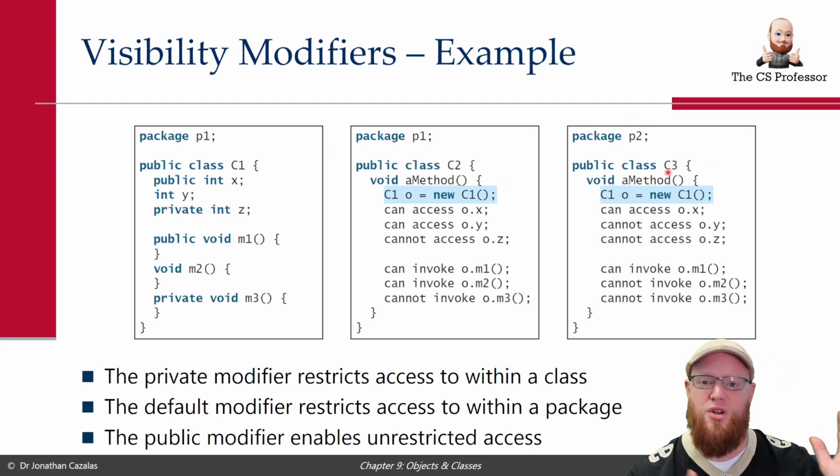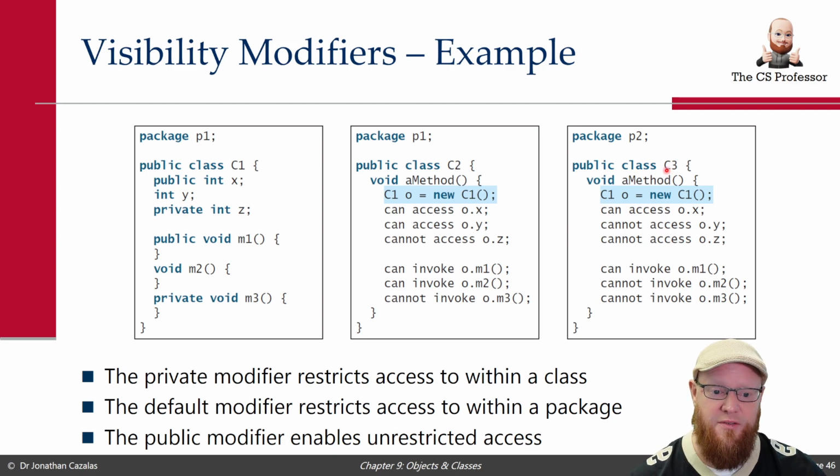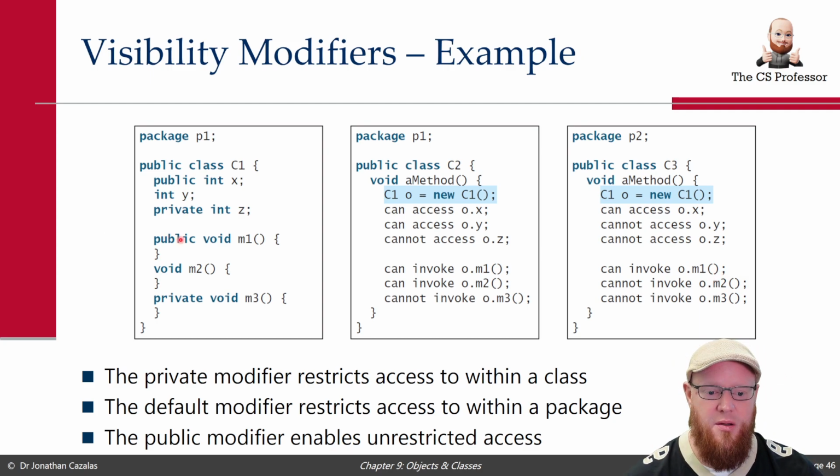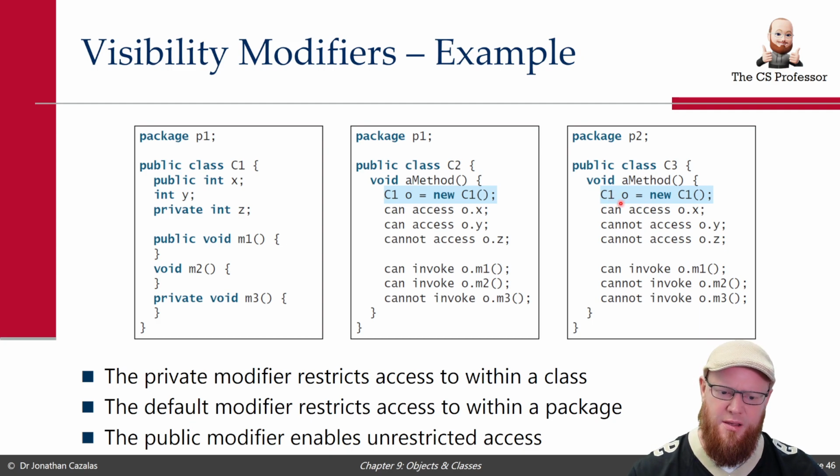We're now in this third Java file, c3.java, which is in a different package. So here we're going to see that we can still access variable X, because X is public. We can still access method M1 because method M1 is public. And I should back up and say, in the same way that we did with class C2, inside class C3, we have a method called a method, and we have this object C1 that we are creating, which comes from this class C1.